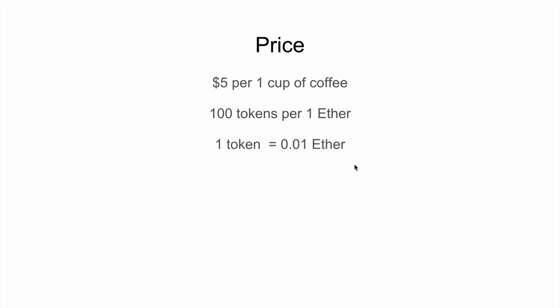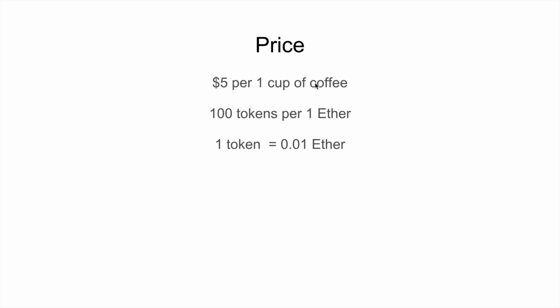Okay. Let's talk about price. So price is expressed as a ratio of the amount of Ether per token. And that's really how anything is priced, it's just the ratio of the value of each asset. So let's take an example. If you want to buy a cup of coffee for $1, then you basically divide that by 5 units per $1.